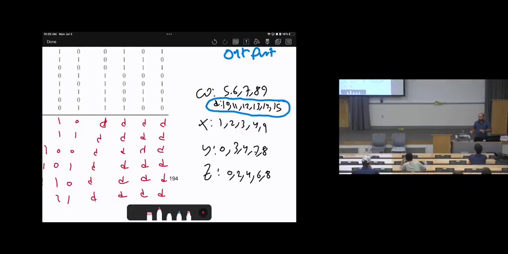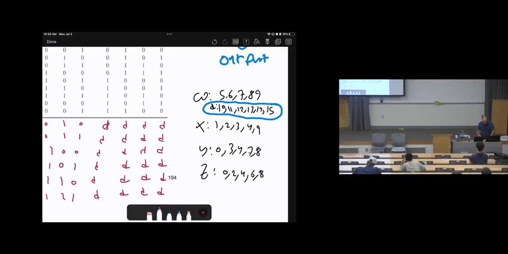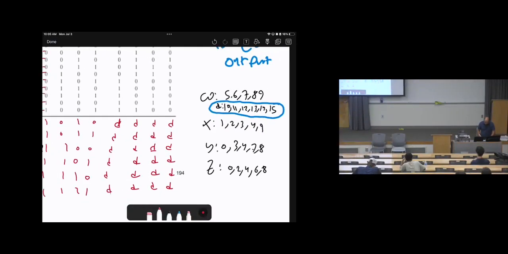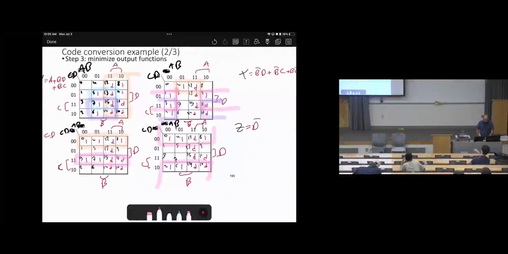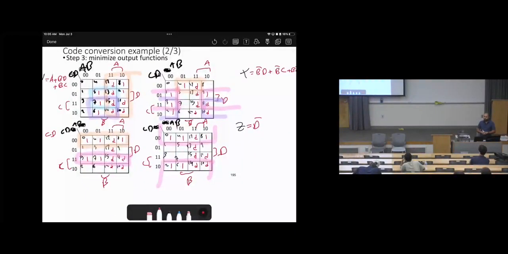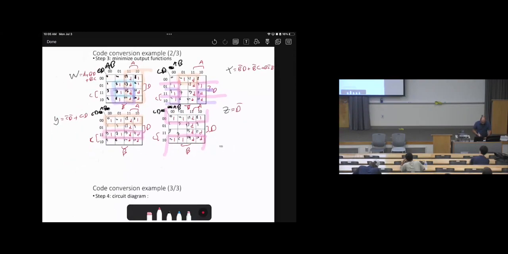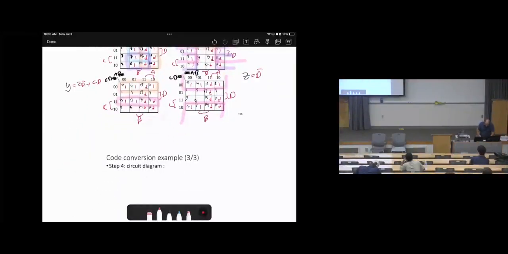Why do we need this? Because if we need to build multiple boards, then we can save costs. So we need to minimize it. So we minimized it using the canonical form until reaching these functions. These functions, of course, are easier or cheaper to implement than the original first assumption.